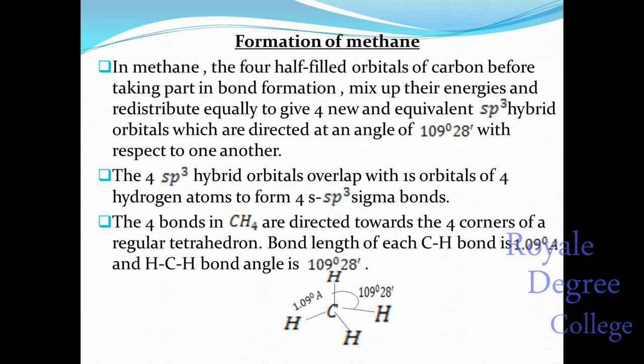Here you can see the figure, to form 4 sp3 s sigma bonds. The 4 bonds in CH4 are directed towards the four corners of a regular tetrahedron. Bond length of each carbon-hydrogen bond is 1.09 angstrom, and in between hydrogen, carbon and hydrogen, the bond angle which is forming is 109 degree 28 minute.